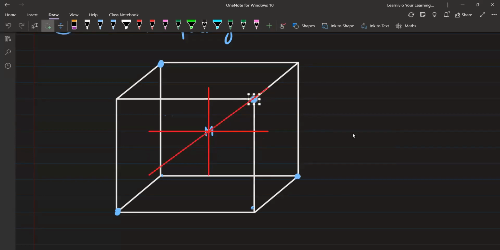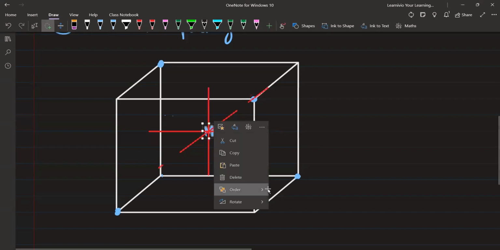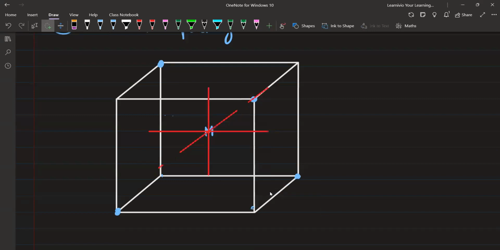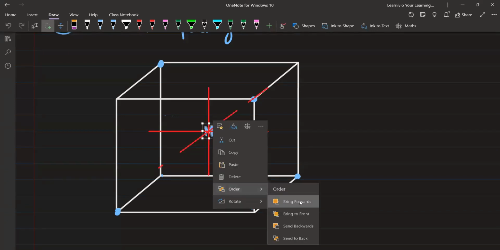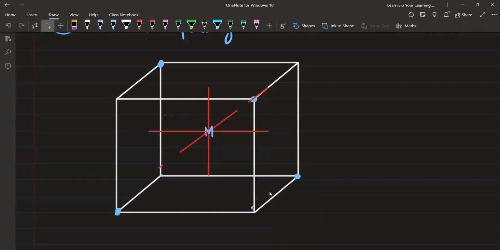Now I hope you can understand that even though this red dotted line is approaching the... Okay, I hope now it is more clear. Now let us show the ligands. Let me bring this to front.